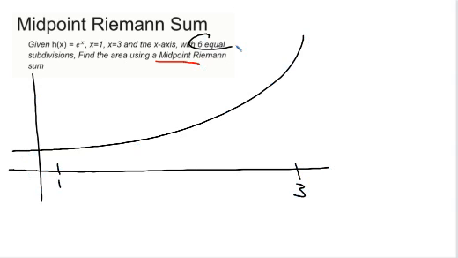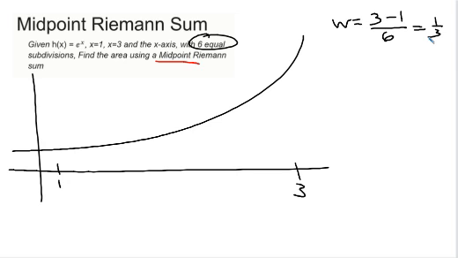We're still doing 6 equal subdivisions, all right? So I do know that my width is going to be 3 minus 1 divided by 6, which we know is 1/3. That's what would be the regular width. That's not going to change.